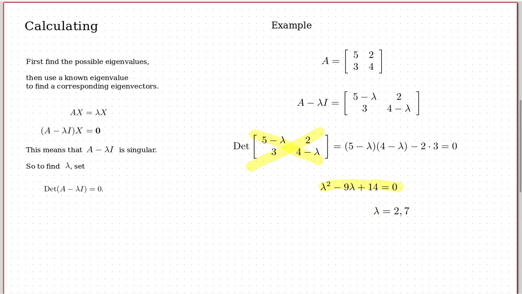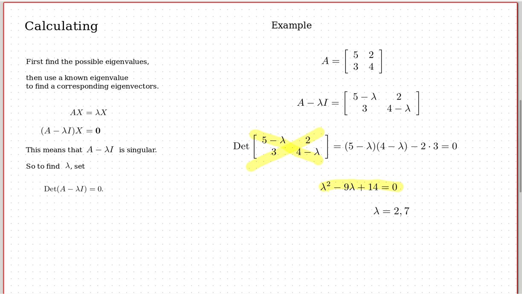And in general, you'll have n possible eigenvalues for a matrix of size n by n. Right? So there'll be basically a distinct eigenvalue for each dimension of the vector space you're working in. Of course, it could happen that you could have repeated roots.